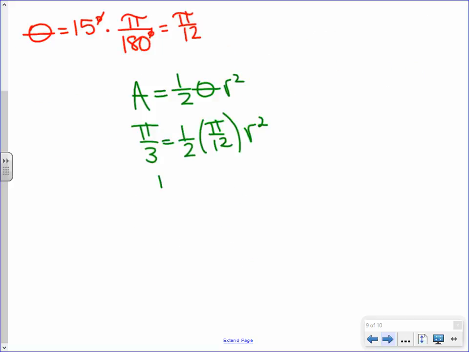So now it's a matter of solving for r. We have pi over 3 equals pi over 24 times r squared. We want to divide by pi over 24. Do you agree? If we have a fraction, dividing is the same as multiplying by the reciprocal.